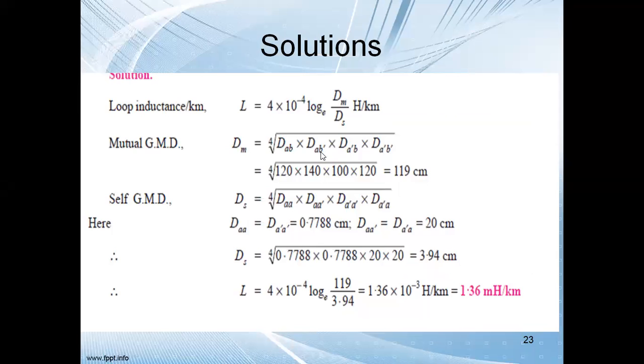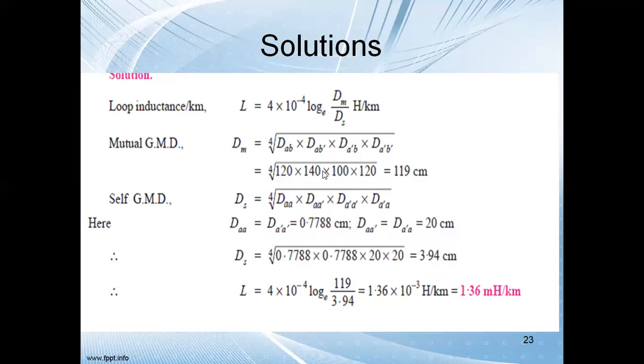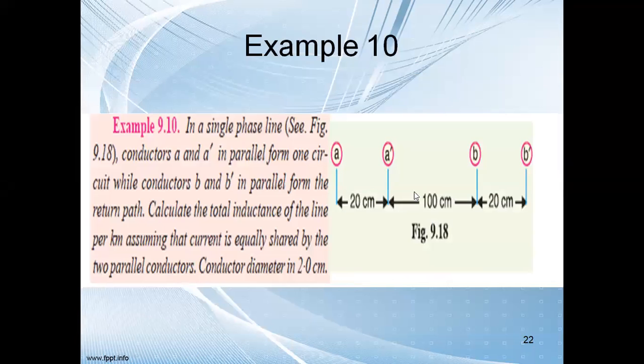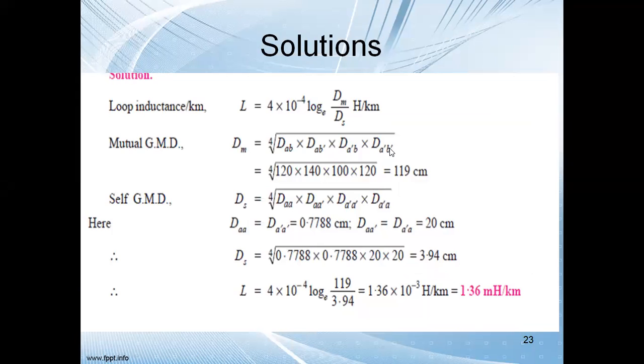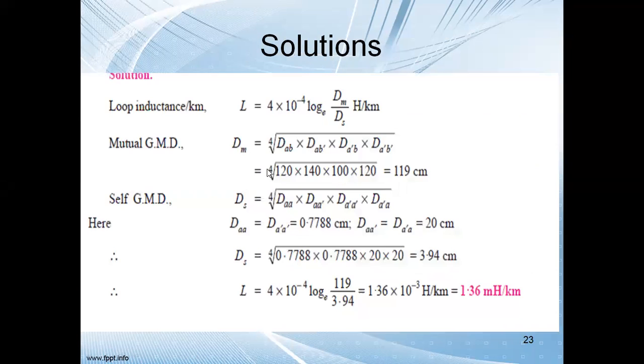Then DAB dash: this is A, this is B dash, so 20 plus 120, that means 140. DA dash B is 100. Then A dash B dash is 120. And you have to take the fourth root of that. So that will be your DM.